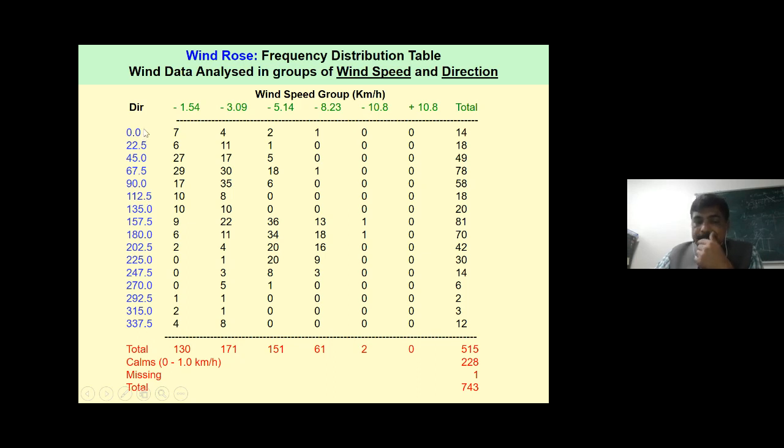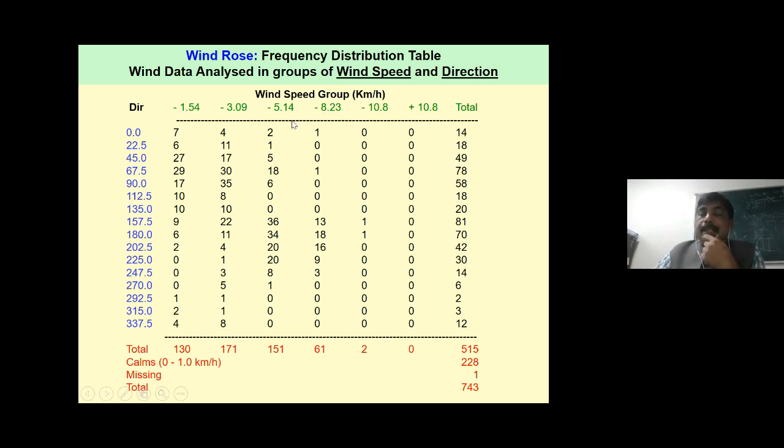So these are 16 direction wind sectors. All wind directions which are less than 22.5 degrees fall into the top row. Now on the top header of this table you can see 1.54, 3.09, 5.14. These are all the wind speed bins or groups.